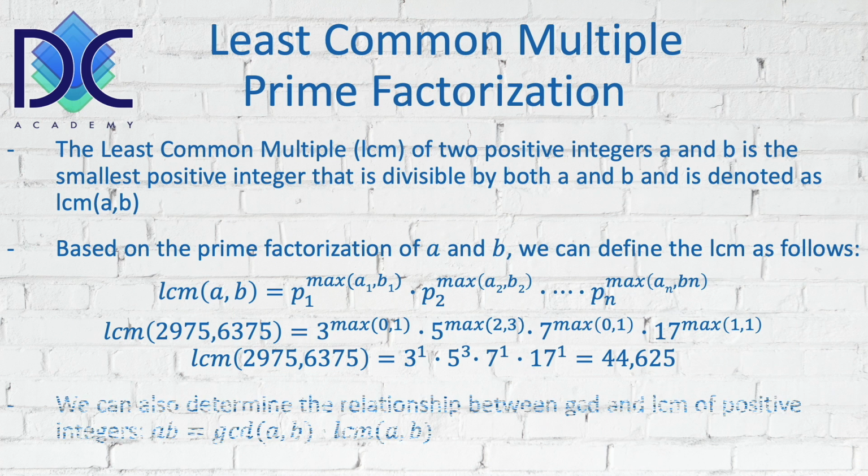6,375. Based on this, we can prove that there is a relationship between the greatest common divisor and the least common multiple: when we multiply those two integers, the product is equal to the greatest common divisor of a and b multiplied with the least common multiple of a and b.